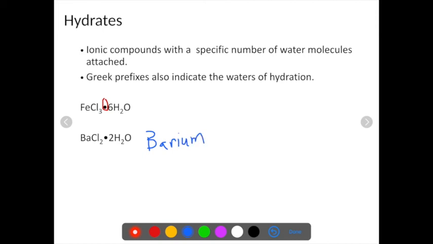Barium only has one ion because it's in group 2. And then Cl is chloride. And then we have 2 waters, so it's going to be dihydrate. So that's it. You just name the ionic compound, and then you name how many waters you have using the Greek prefix and hydrate.